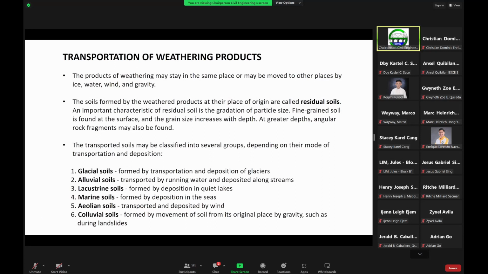When I did my PhD research, I always went to that part of the slope to do some monitoring of the sensors that I installed there together with my Japanese professor at the time. Okay? So there, the material is basically a residual soil. When we excavated, when we did some test pits, the material there can be described as a residual soil of the limestone rock. So the soils that you find there are basically residual soils of these limestone rock materials. The whitish, the yellowish or the whitish soil grains. Okay.